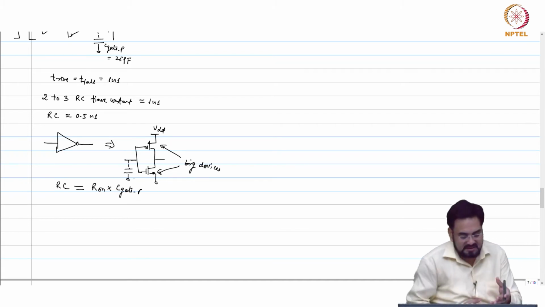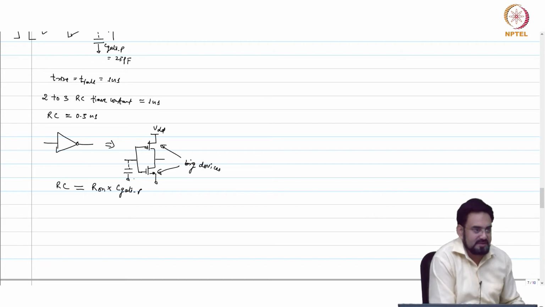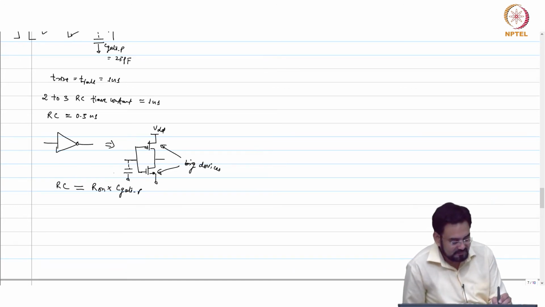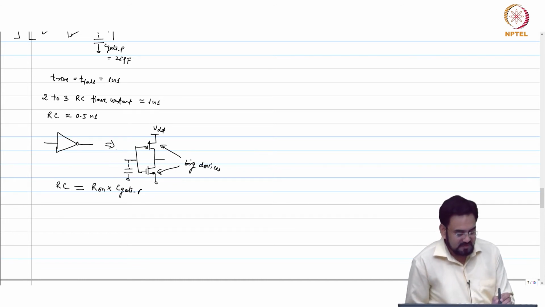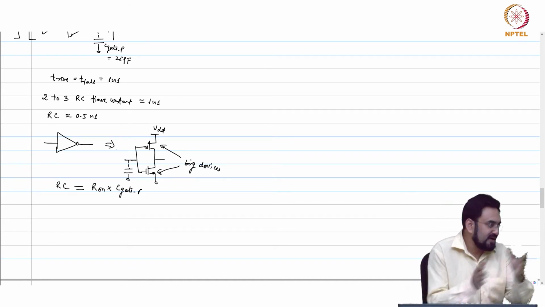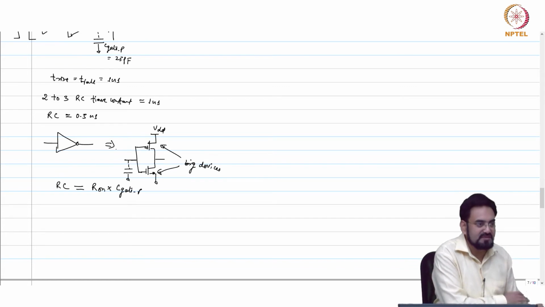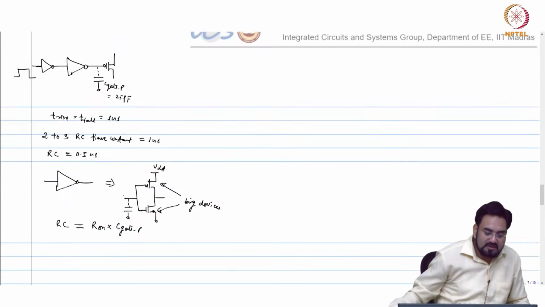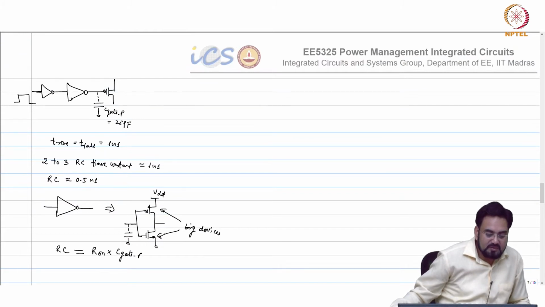This may be on the order of 1 picofarad. In order to drive that, you have to find what size you will require, again based on your RC time constant.